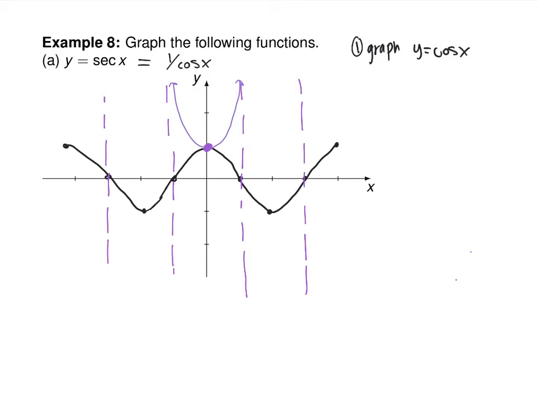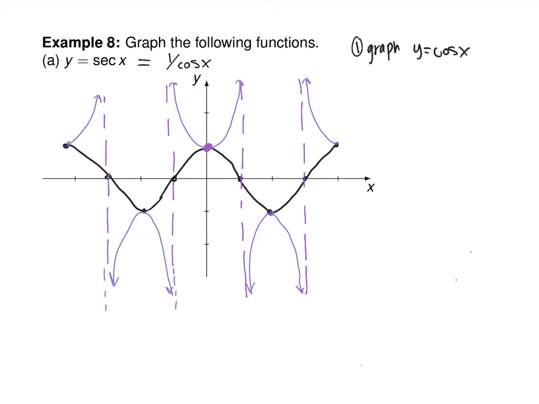So if you do 1 divided by a negative number, it's just negative, so it's going to look like this. And the same thing over here. They're kind of parabola-ish shaped in the middle, but not really parabolas because parabolas don't have asymptotes. So parabola-ish, I think, is the way to describe it.